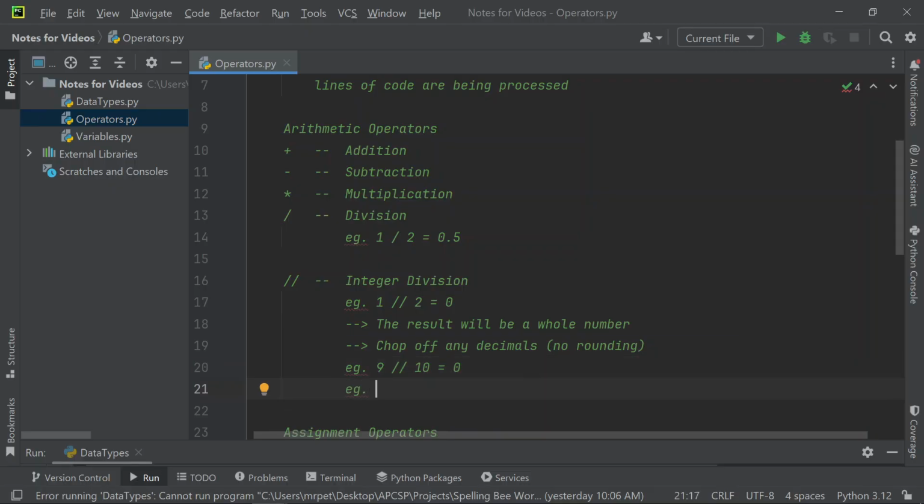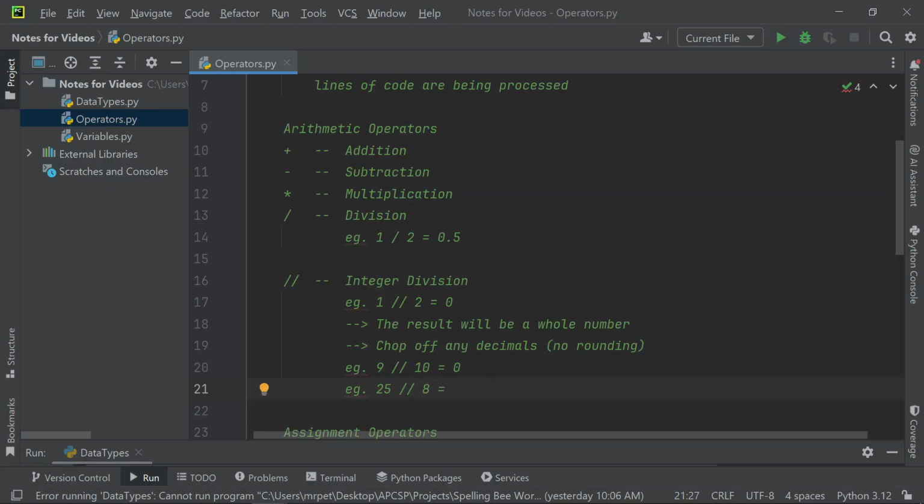Let's get a value that's greater than 0, like something like 2 point something. How about 7 divided by, maybe we should do something bigger. How about 25 divided by 8?